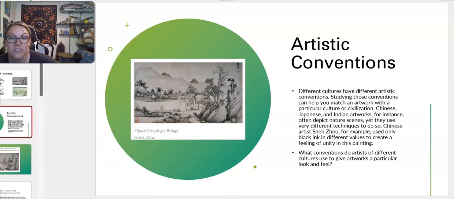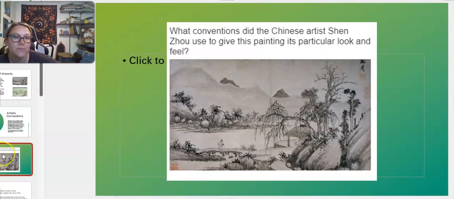Chinese artist Shen Zhou, for example, used only black ink in different values to create a feeling of unity in his paintings. What conventions do artists of different cultures use to give artworks particular looks and feels? Check out this painting by Shen Zhou. So what convention did the Chinese artist Shen Zhou use in this painting that gives it a particular look and feel?